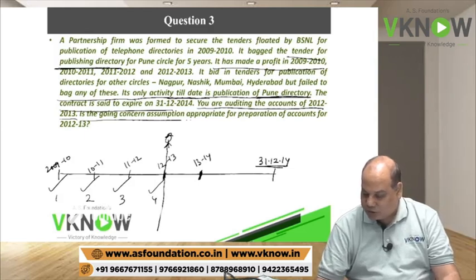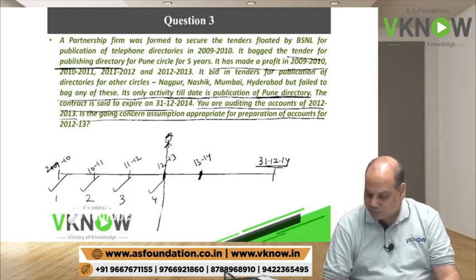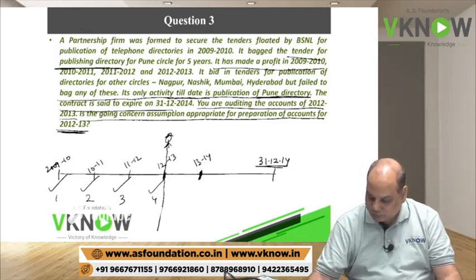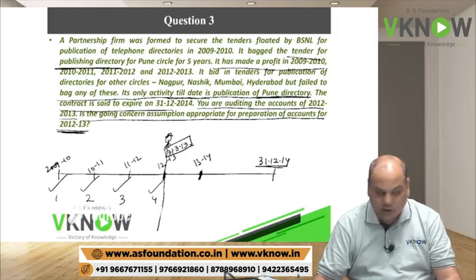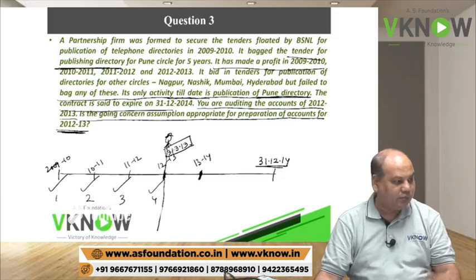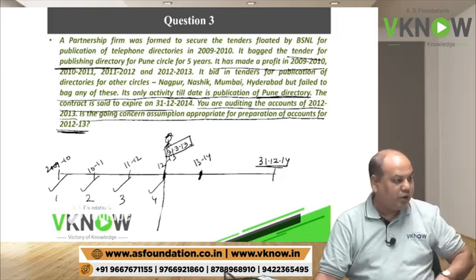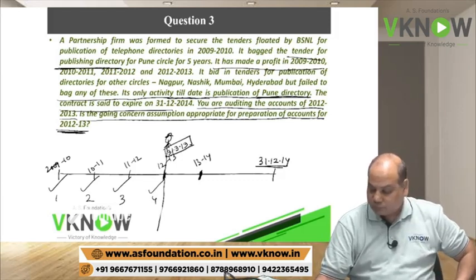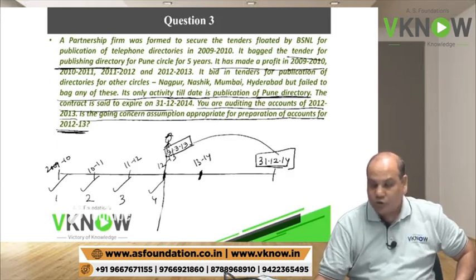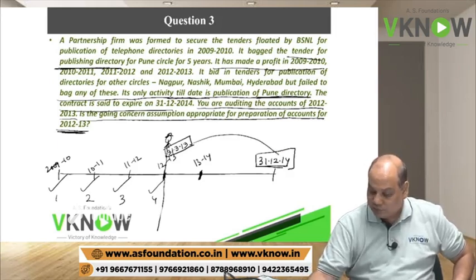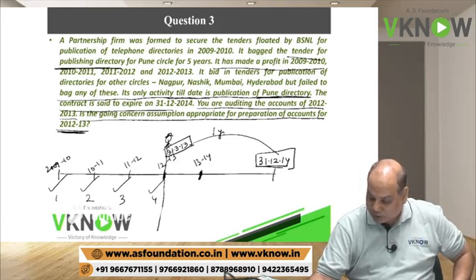Is the going concern assumption appropriate for preparation of accounts for 12-13? So I'll put a date for understanding. We are preparing the financial statement for the year ending 31st March 13. And the contract will expire on 31/12/14. So there is a gap of 1 year and 9 months.